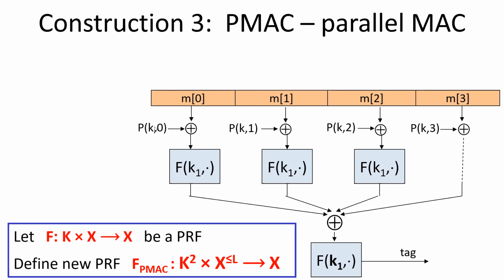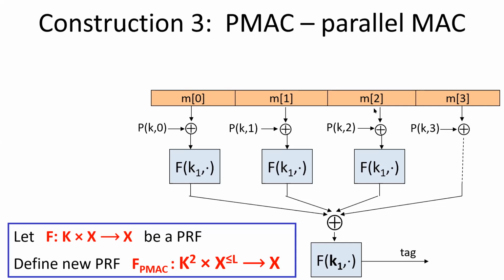I use P in a counter mode to derive N different pads. If P is pseudorandom, if it's a PRF, all these pads are like random strings. But they're independent. They can be computed independently, right?